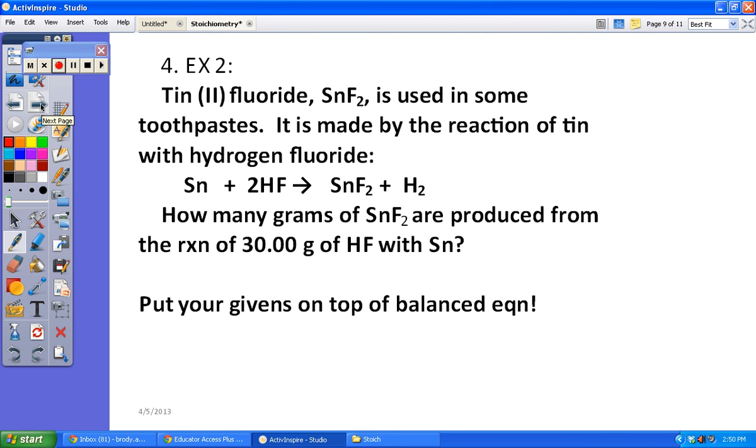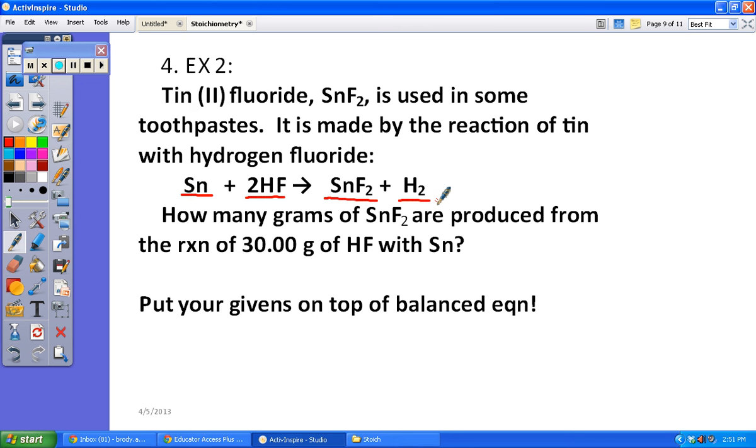Another example here. Tin(II) fluoride, SnF2, is used in some toothpaste. It's made by the reaction of tin with hydrogen fluoride. So here's our tin, here's our hydrogen fluoride. I've balanced the equation, written the equation for you. Here are our products. The question is, how many grams of tin fluoride are produced from the reaction of 30 grams of hydrogen fluoride?